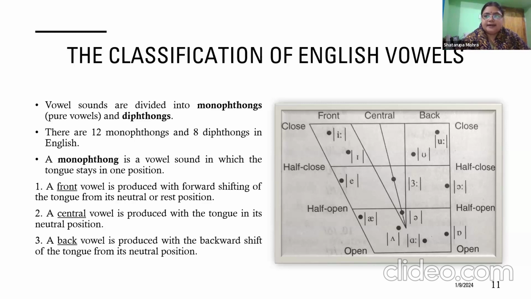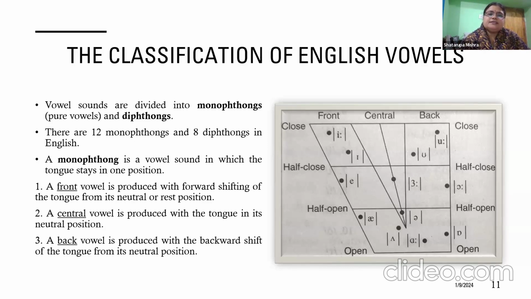Look at the diagram on the screen while I discuss the specific terms which are very important for describing vowels, that is pure vowels. All right, monophthongs. These terms describe monophthongs. So first we will look at what a monophthong is. We will know the different terms which are essential for describing monophthongs, and then we will move on to diphthongs.